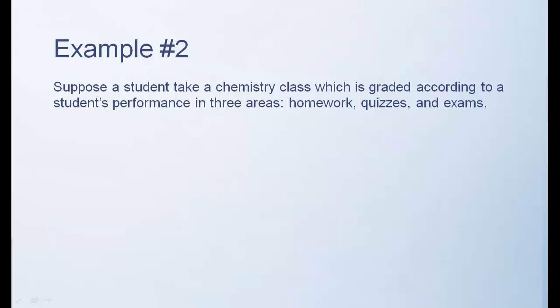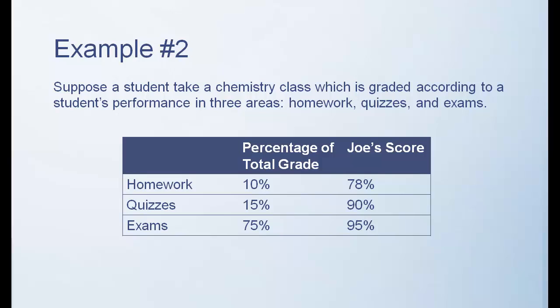The next example just shows you that this idea of a weighted average is used in your everyday life. This is not just something that chemists made up to talk about atomic weight. This idea should be very natural to you. And imagine that we have a student who is taking a chemistry class, and they have homework grades, quiz grades, and exam grades. And let's suppose that the syllabus describes that the grades are going to be weighted in this fashion.